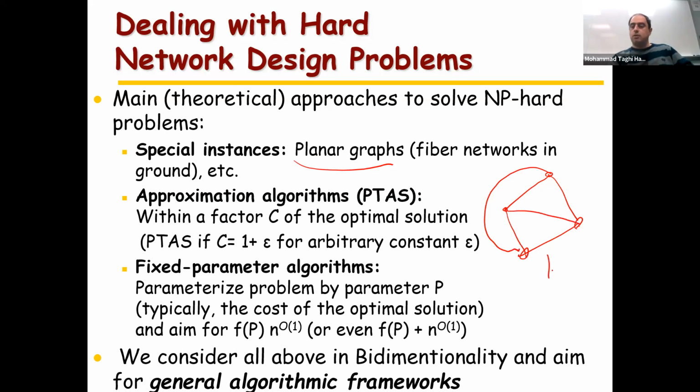For example, this is K4, the complete graph on 4 vertices, that you can do essentially. But K5, you cannot draw on the plane without any crossing. However, K5, you can draw on bounded genus graphs. What is the meaning of bounded genus graph? Essentially, consider a torus, like for example a tube. Can we draw it on that one? In that case, for example, K5, you can do it now.